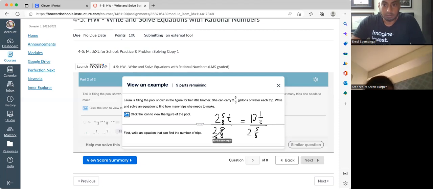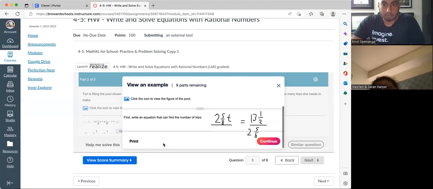2 and 5/8 divided by 13, no, the other way, the other way. 13 and a half divided by 2 and 5/8. 4/7. Okay, press continue. You should see 4/7.